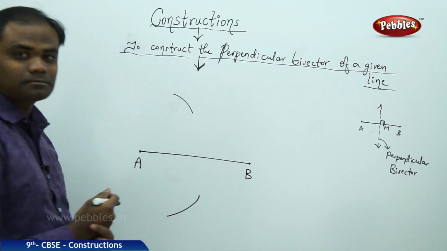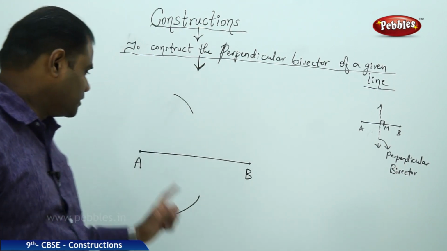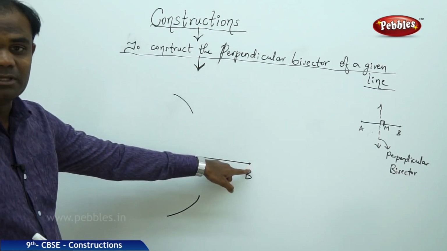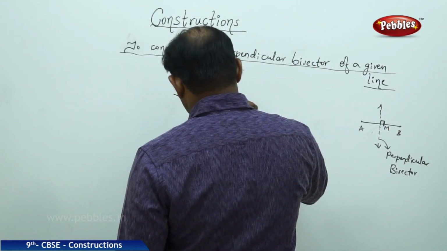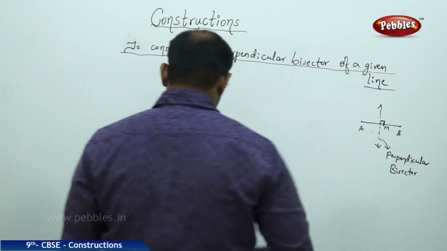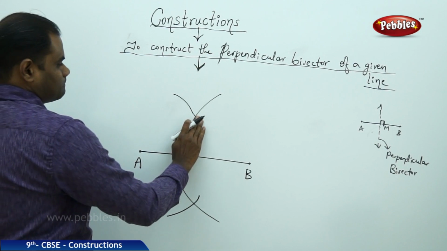Something like this. Similarly, I do not disturb the radius, but with the same radius, I put the pointer now at B and then from the compass, I cut an arc. That's how we get the two arcs cutting.